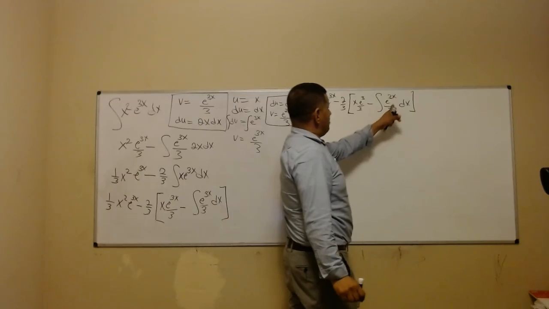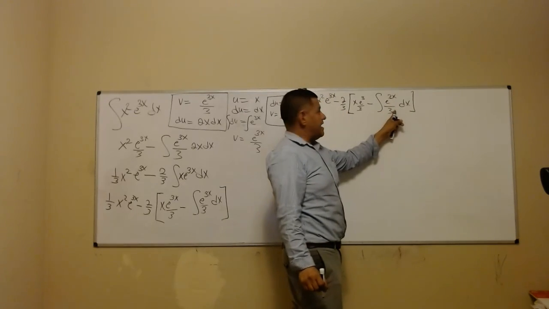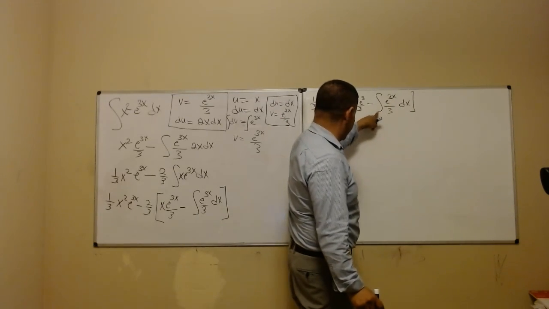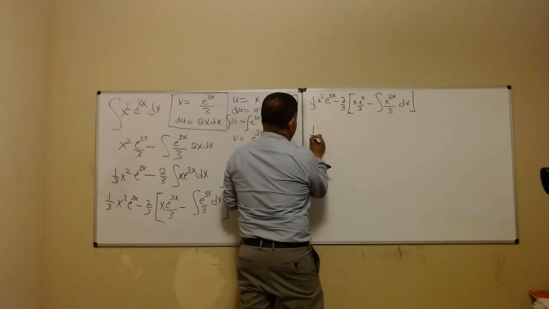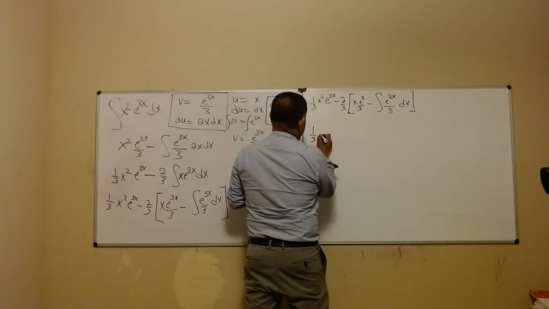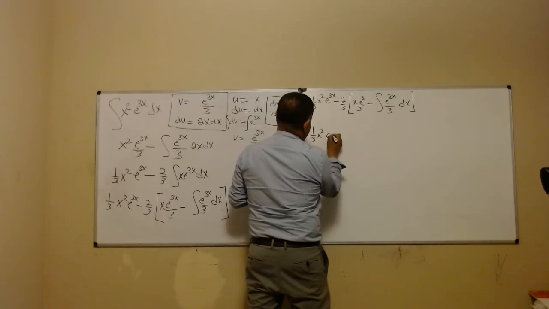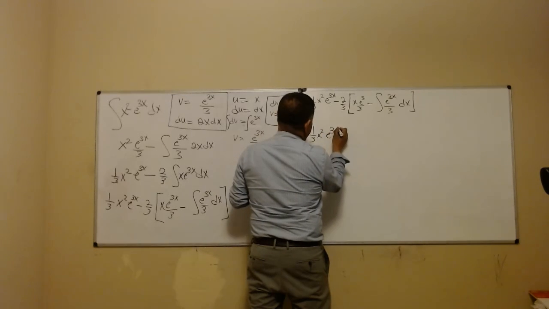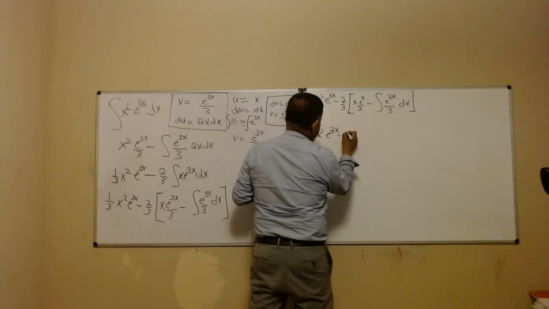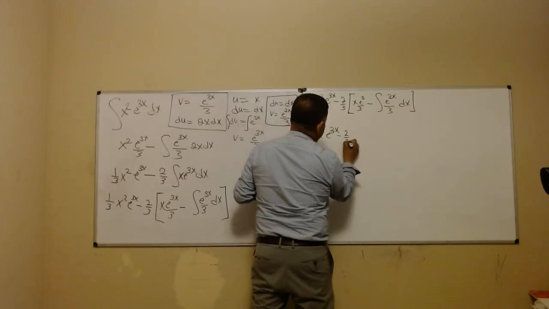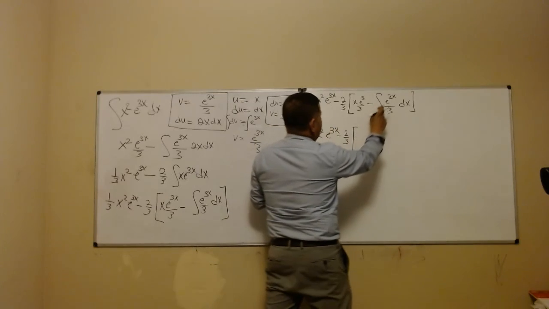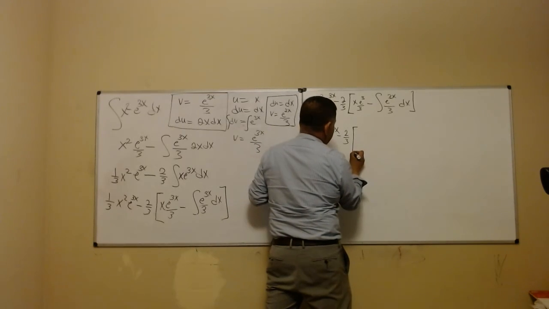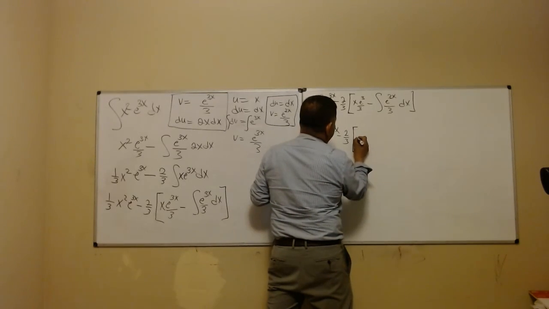Okay, I'm going to integrate this one right now to get rid of this integral sign, right? So I do have 1/3 x squared e to the 3x minus 2/3. When I integrate that, that becomes what?